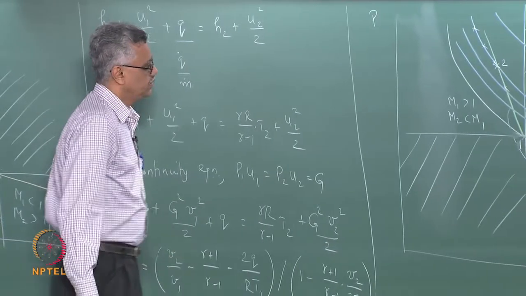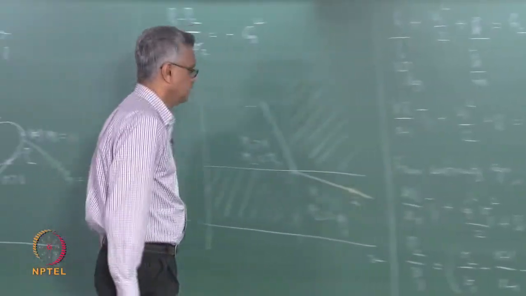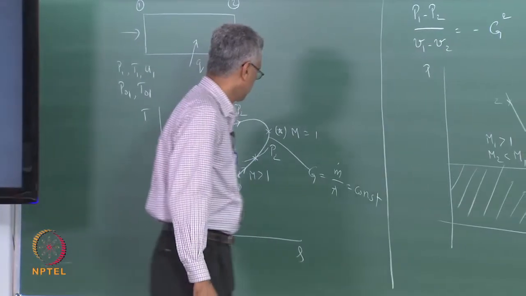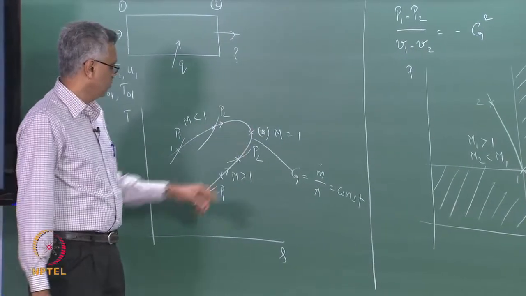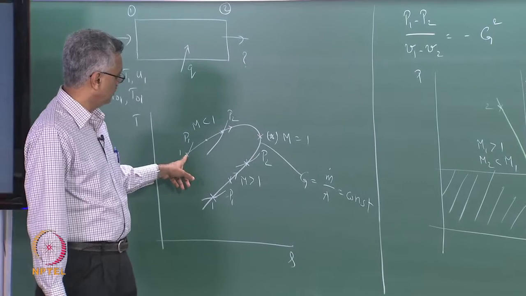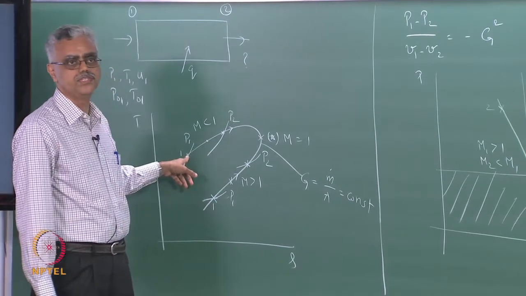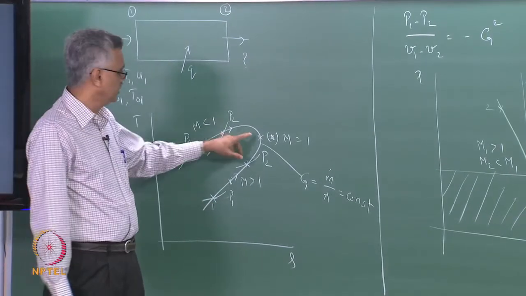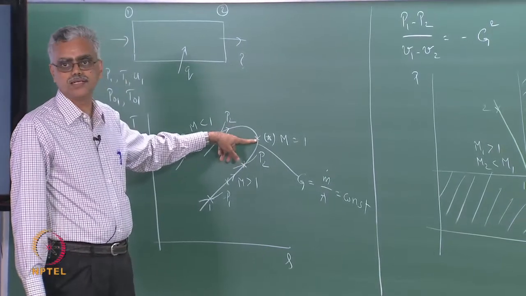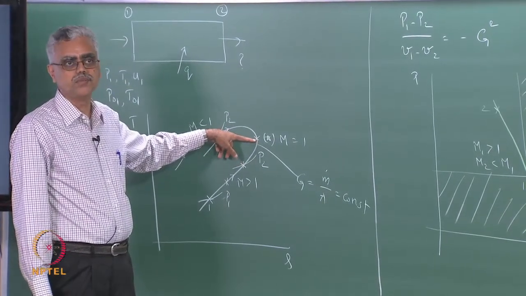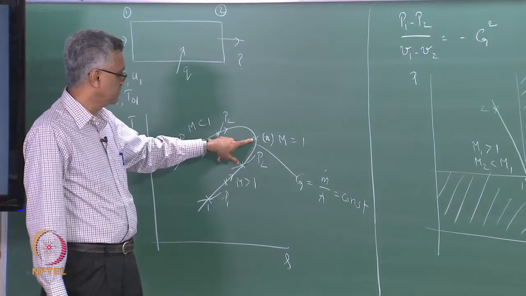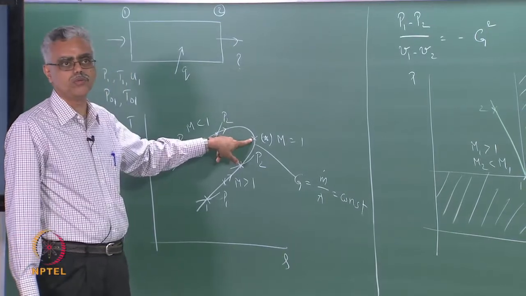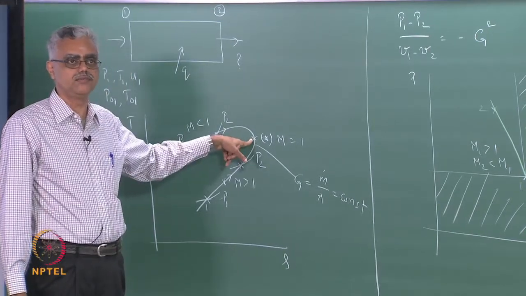Now, if you remember what we said about the Rayleigh line on the TS diagram, you will remember that starting from 1, if I add an amount of heat which I call Q star, then the state at the exit of the duct can become the sonic state, that is M becomes equal to 1. And if you remember, we determined that this was M equal to 1 because we had the equation for the Rayleigh curve.